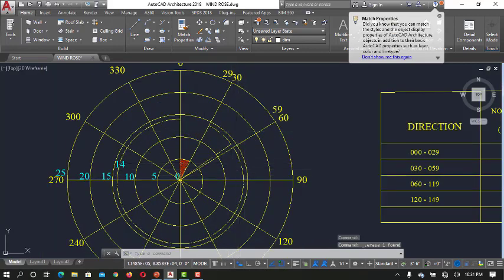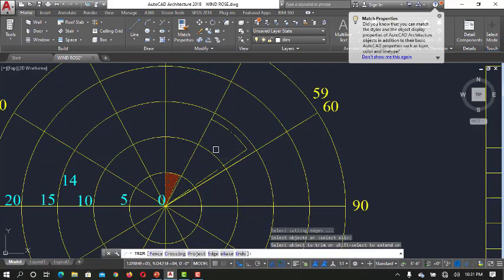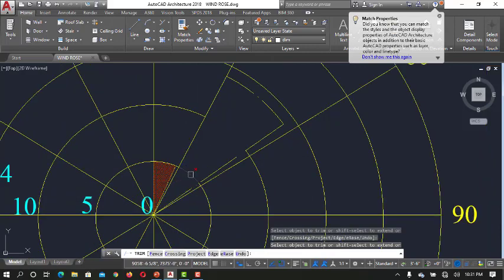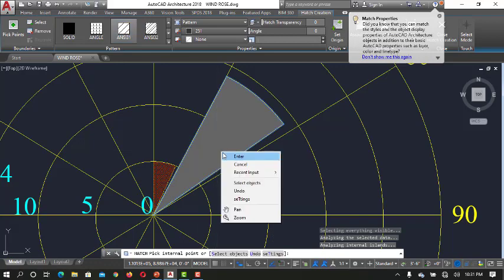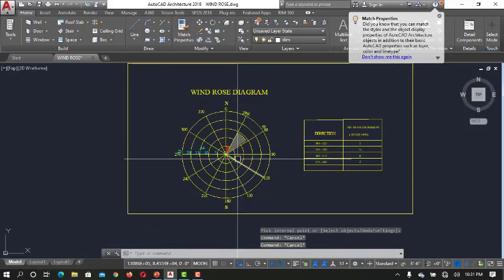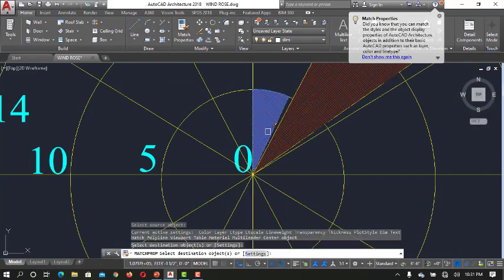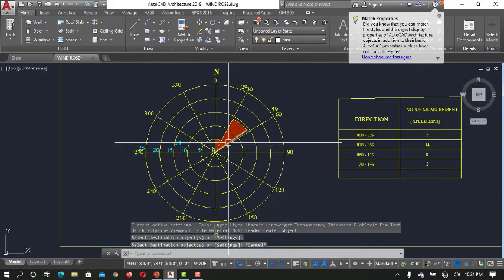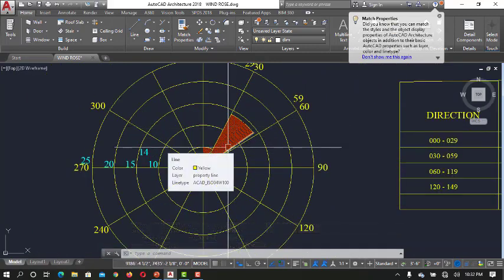And what you need to do is hatch. Correct? Hope you all have understood it pretty well. Hope this is clear to you all.